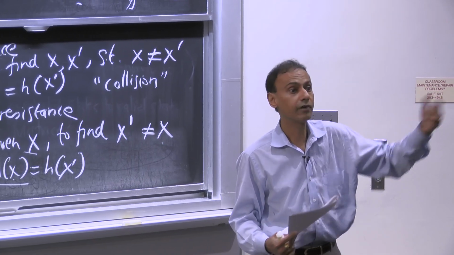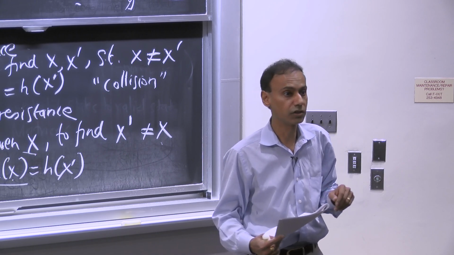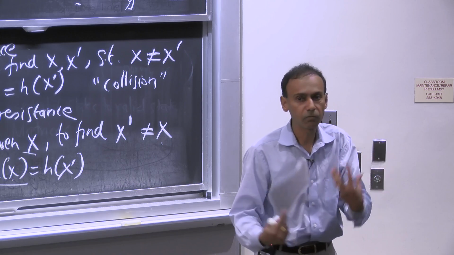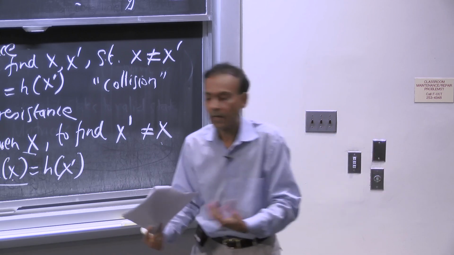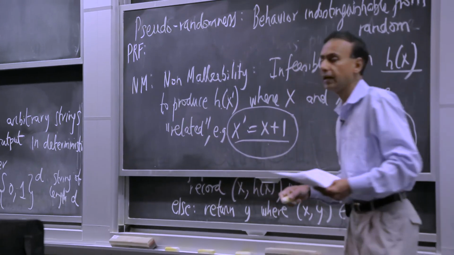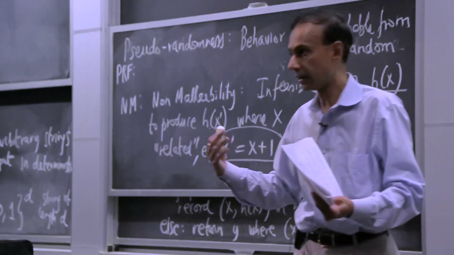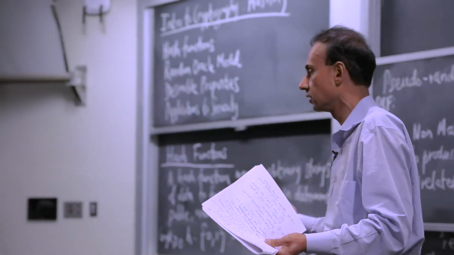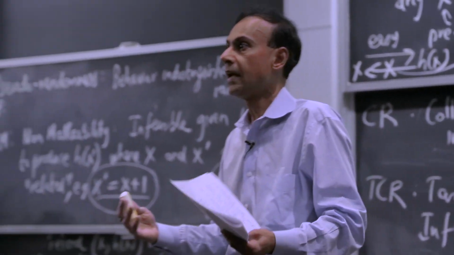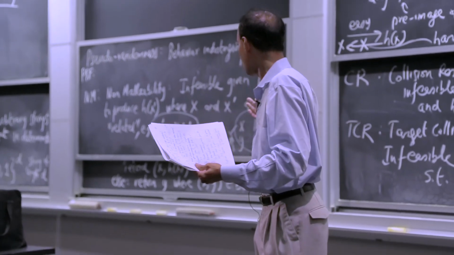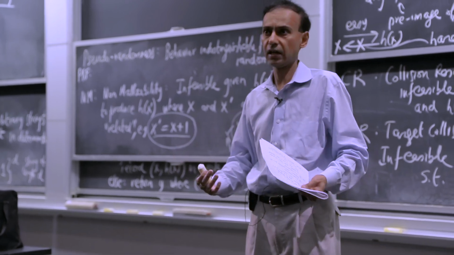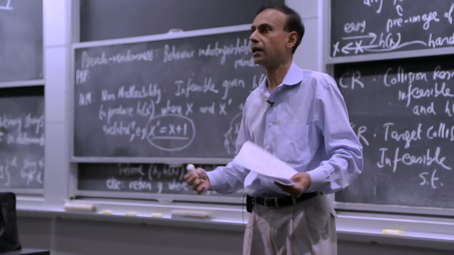Or in case of Vickrey auctions where the second highest bidder wins, just be a little bit below you, right? So that's the kind of thing that you want to think about when it comes to non-malleability or malleability, where you want a strong relationship between two strings that are related in some ordered fashion, like x prime equals x plus 1, or just x prime equals 2 times x, and you don't want the adversary to be able to discover these new strings, because that would beat the system.